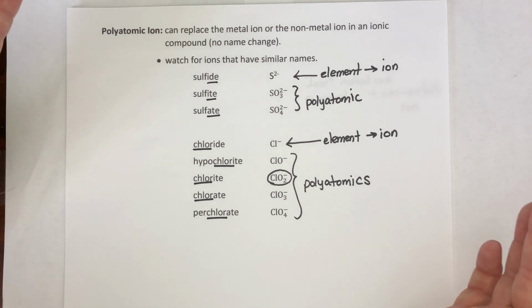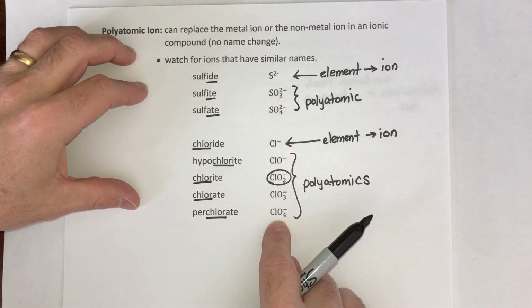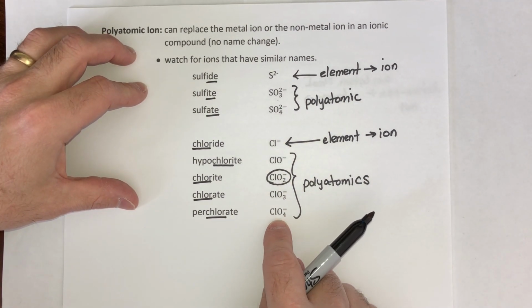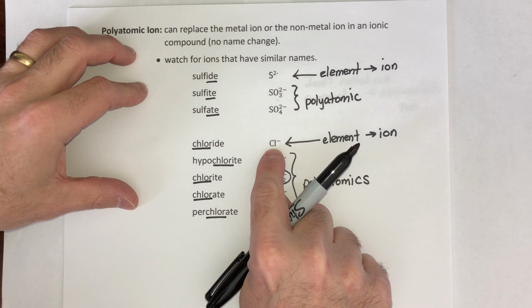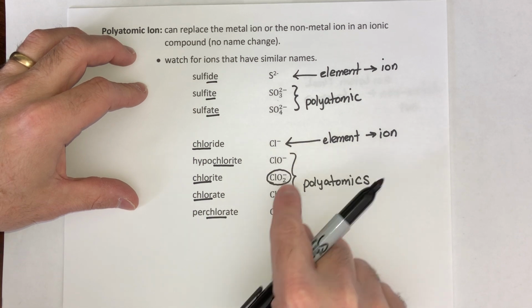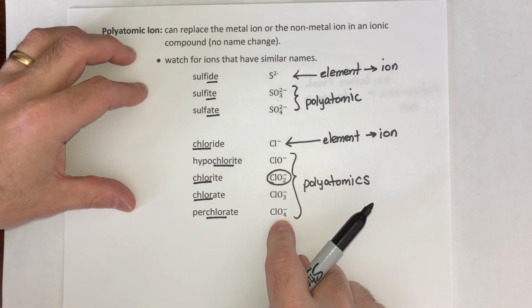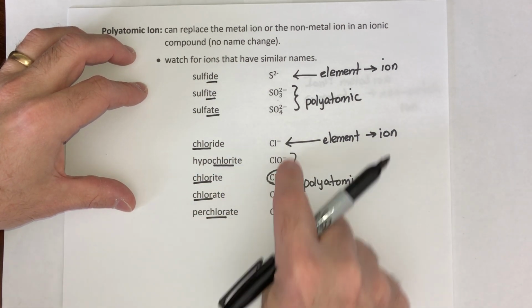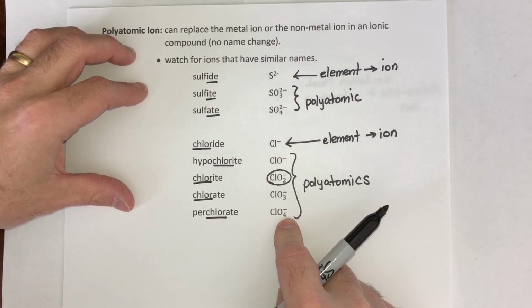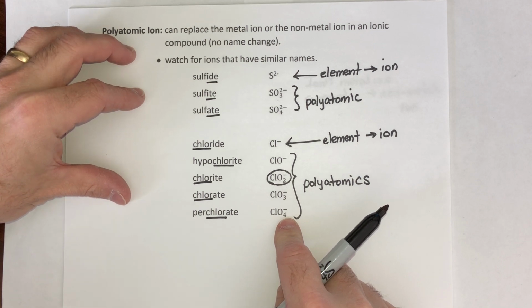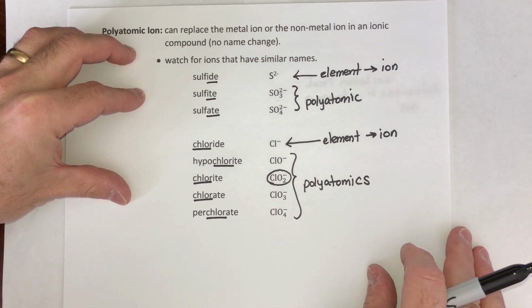So a lot of these are going to sound the same, and they're going to look very similar. Like if you look at this series, all we do is add 1 extra oxygen, right? No oxygens, 1 oxygen, 2 oxygens, 3 oxygens, and now you're up to 4. So the names are very close. The formulas are very close. Okay, so you have to be vigilant for that when you are naming these ionic compounds.